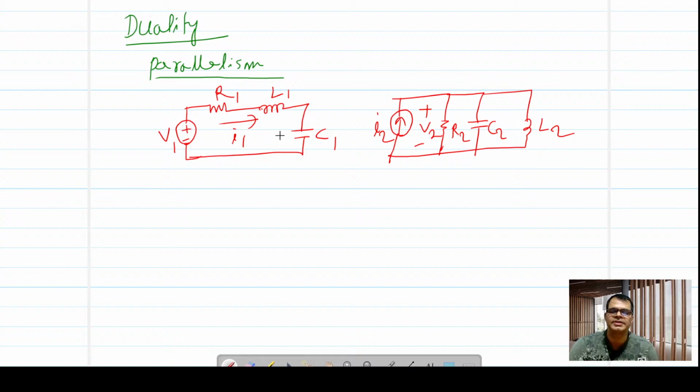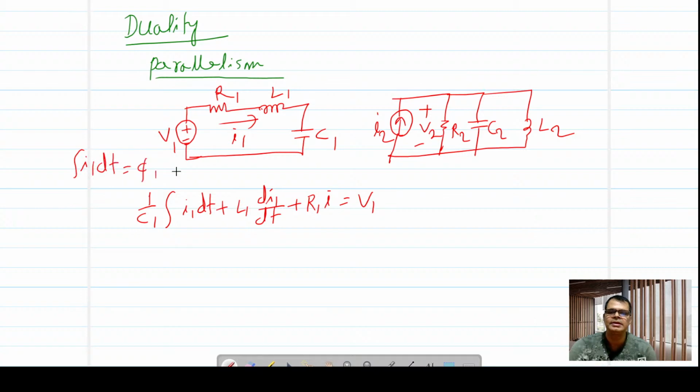For this I'll write the KVL. So (1/C1)∫i1 dt + L1 di1/dt + R1 i1 = V1. But I know that the integration of i1 dt is equal to q1, the total charge.